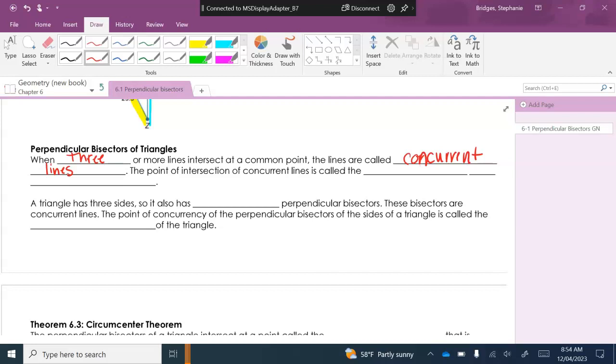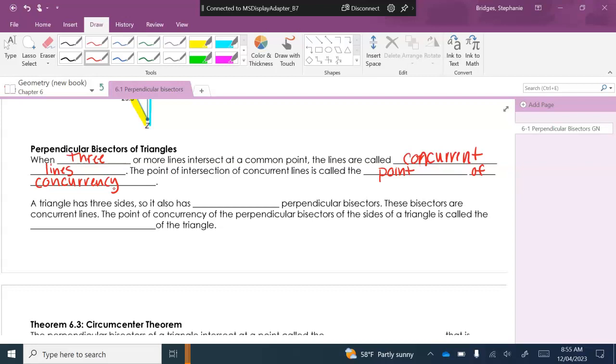But the point where those concurrent lines intersect is called, this is important, the point of concurrency. Each segment that we are talking about, perpendicular bisectors, medians, altitudes, and angle bisectors, has a different point of concurrency, and we are going to have to remember them. Some of them have certain rules with them, some of them don't. But this stuff is important. You will be asked questions on these on your quiz.